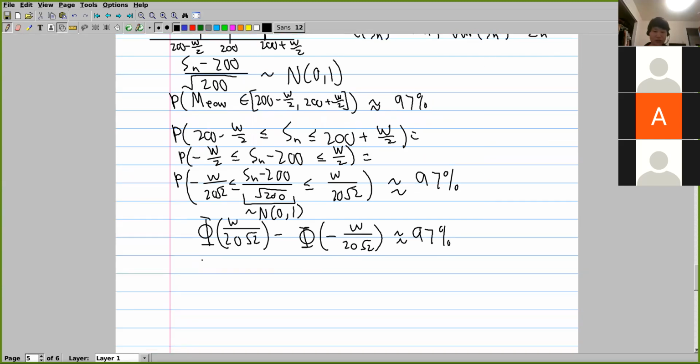By using the same algebraic trick as last time, this turns into 2 times this minus 1 is roughly 0.97. The rest is mostly algebra.